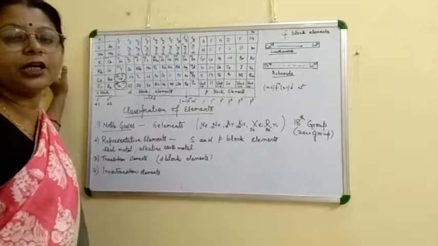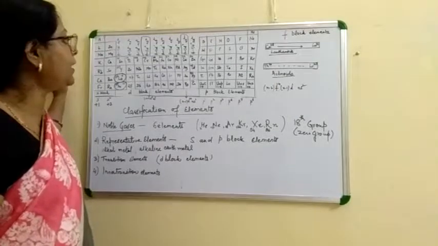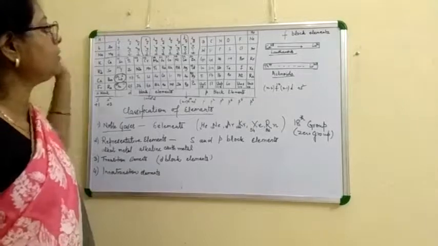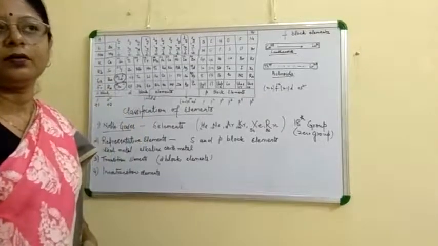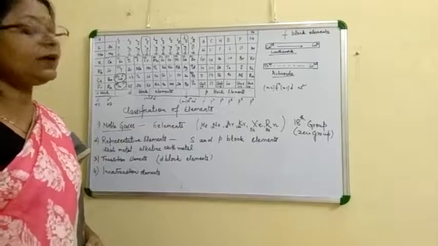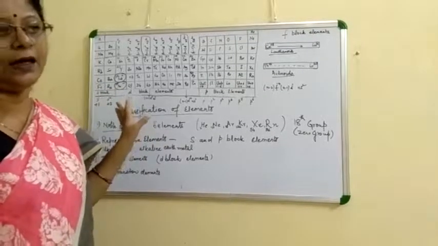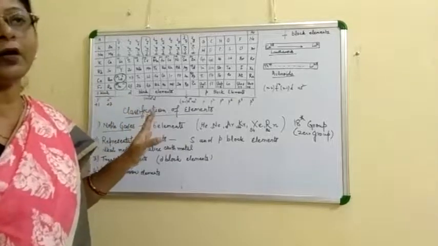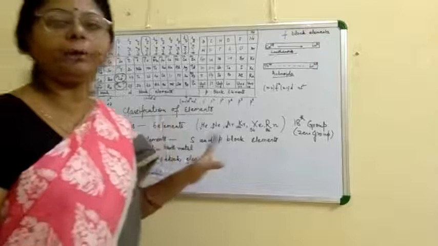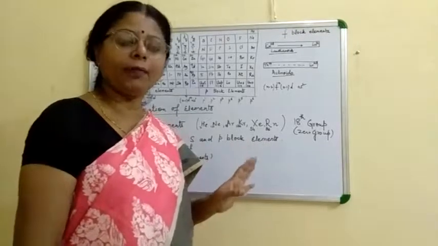So what are the general characteristics of these transition series? Some of these elements act as catalysts, and in d block elements electrons are filled one by one, so mostly the electrons are unpaired in nature, meaning they show paramagnetism.